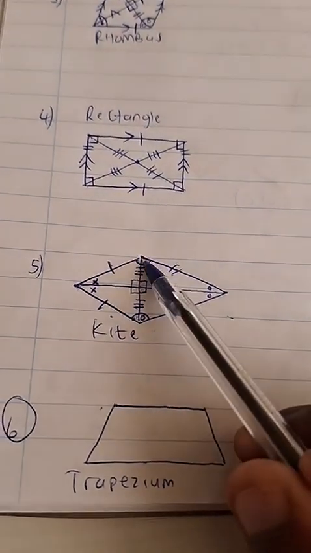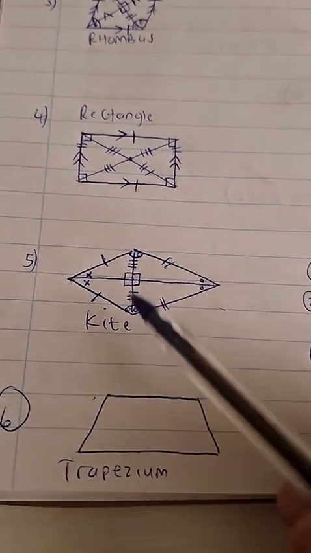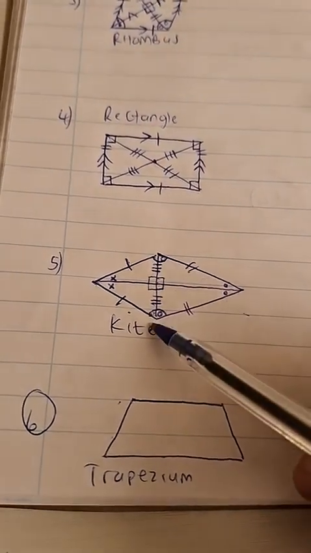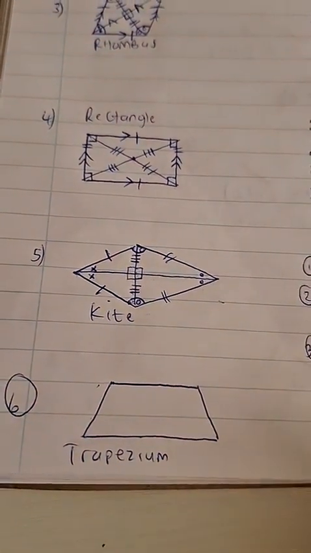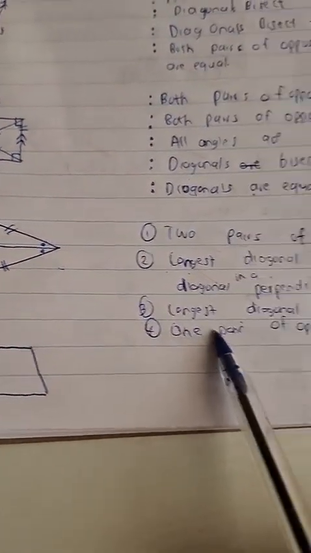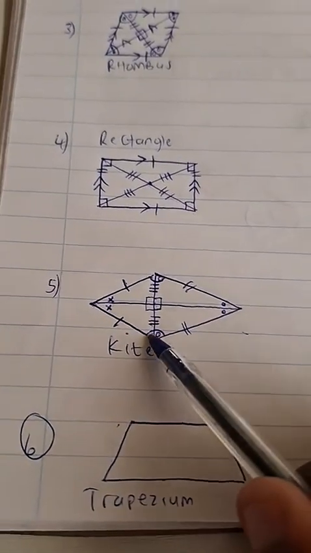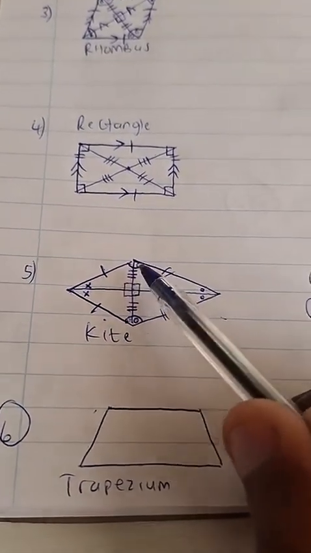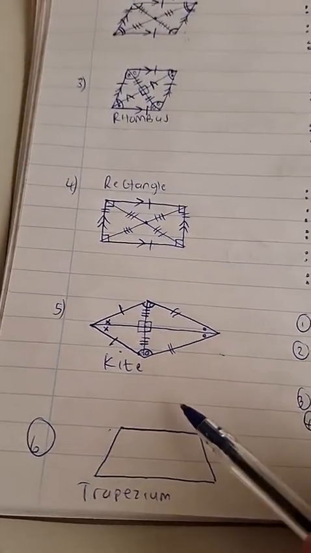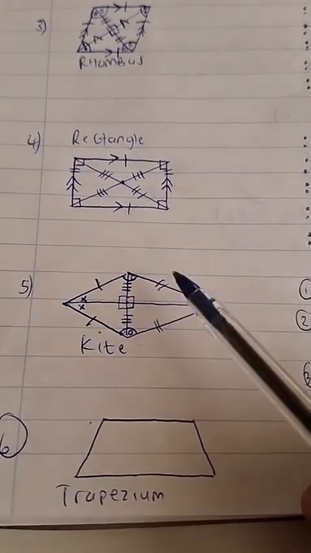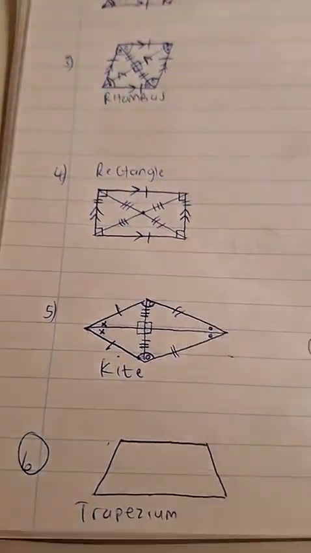That angle and that angle will be equal in the same way, and that angle and that angle will be equal in the same way. So we say one pair of opposite angles are equal. In other words, this entire angle and this entire angle will be equal in angle.